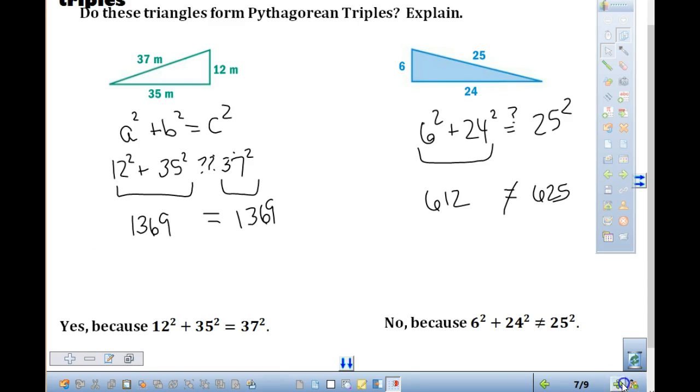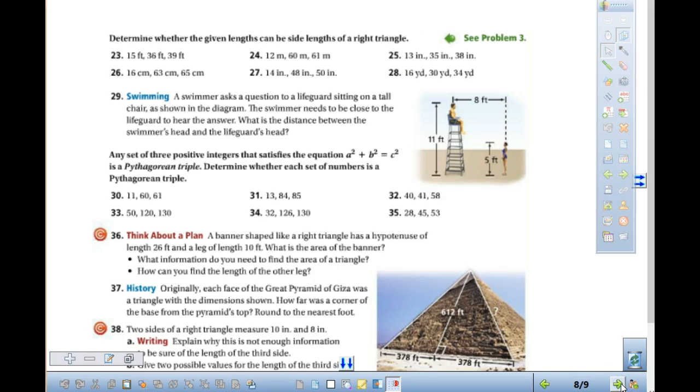Your homework, before we take a homework quiz, is numbers 23 through 38 all. When you are doing the problem, it says determine whether the side lengths make a right triangle.